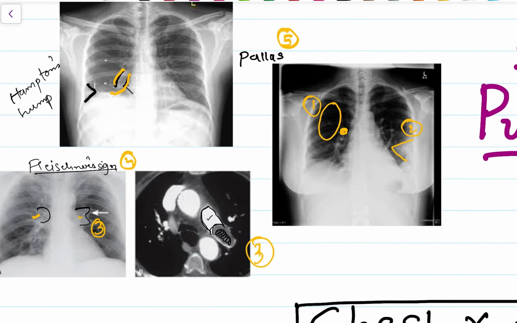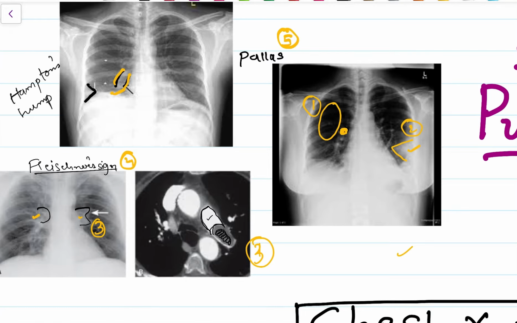So let me tell you that to diagnose pulmonary embolism with X-ray findings is very difficult. You cannot always find all these findings in the chest X-ray, and many times this condition will be confused with pneumonia.